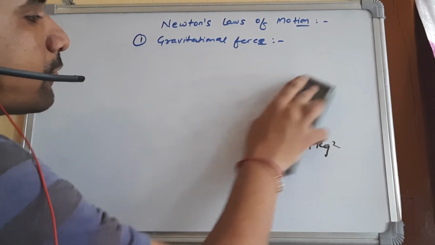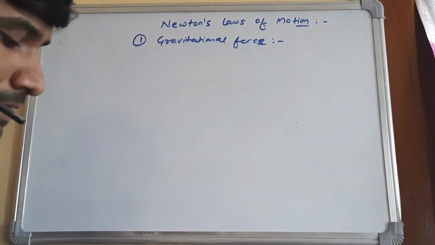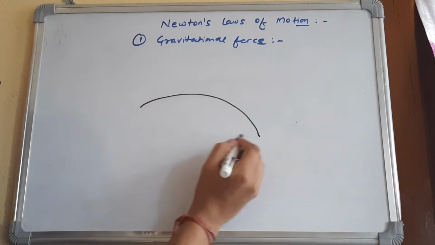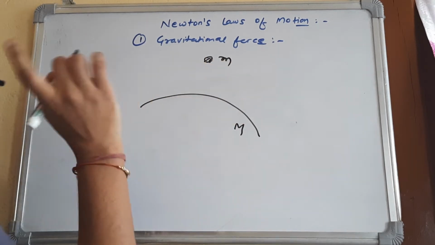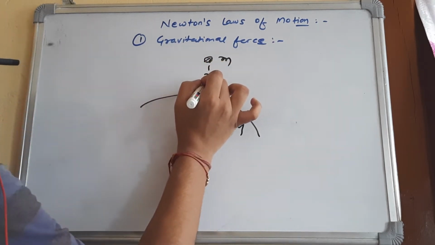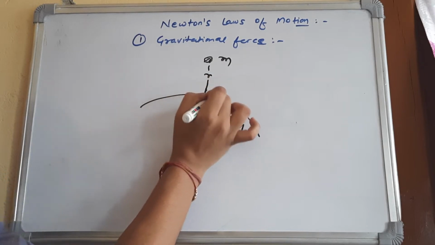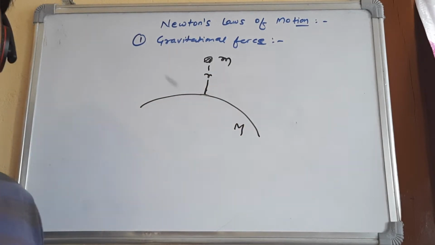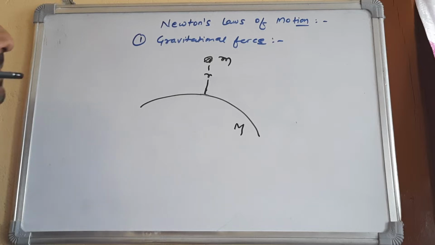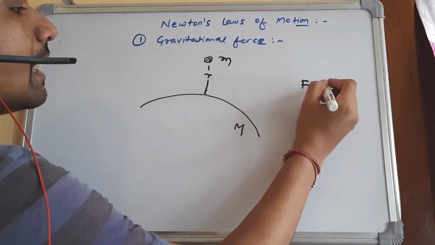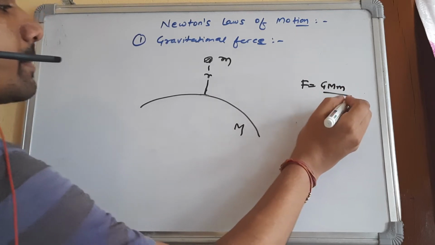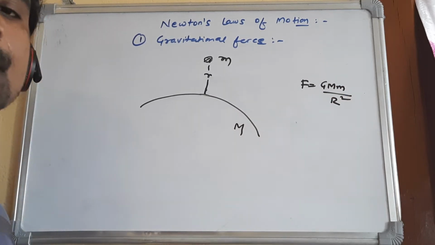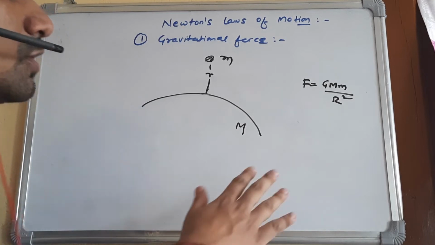Let's say one of the bodies is Earth, which has mass M, and there exists a small body of mass m, and let's say r is the distance from the surface. What is the force applied by Earth? It is F equal to G M m by r square.